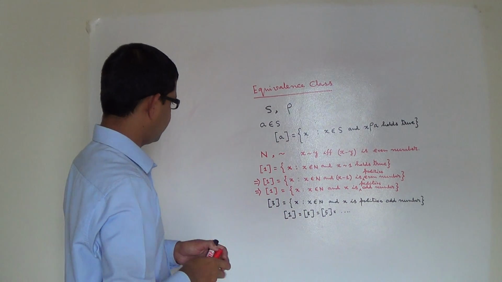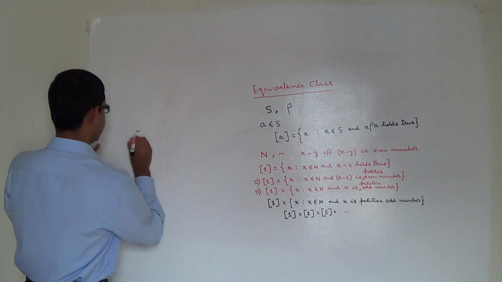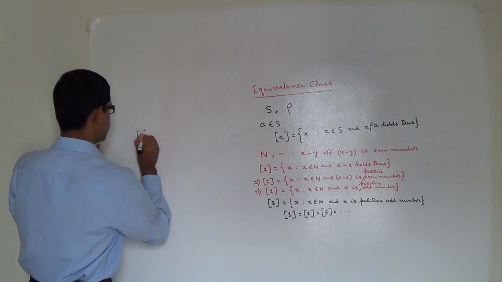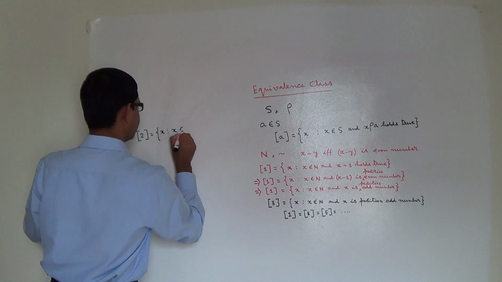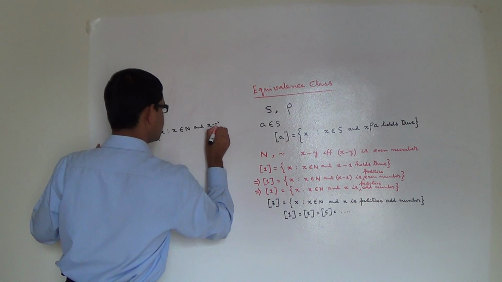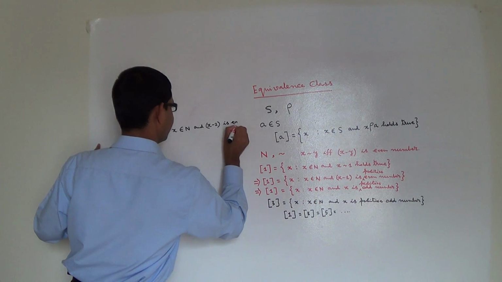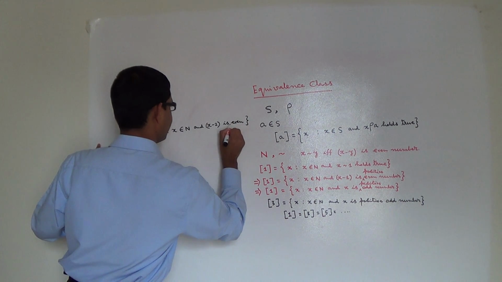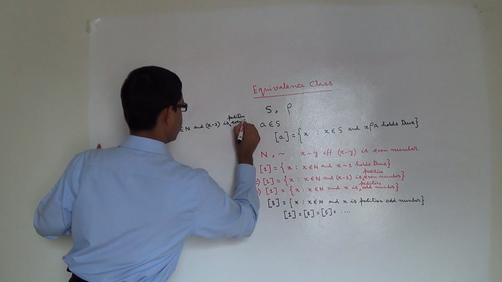Now let's take the other case. What is the equivalence class for the number 2? It will be x such that x belongs to the set of natural numbers and x minus 2 is even, positive obviously, positive even number.